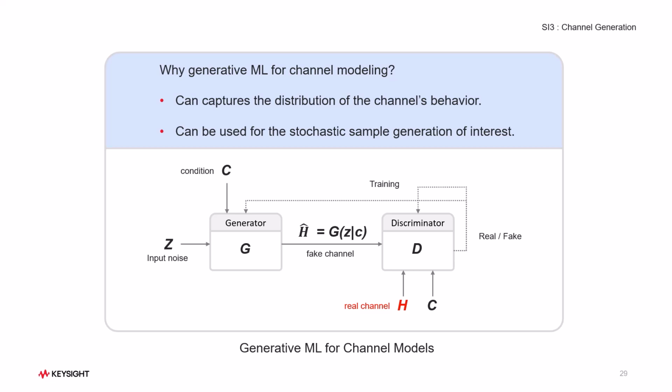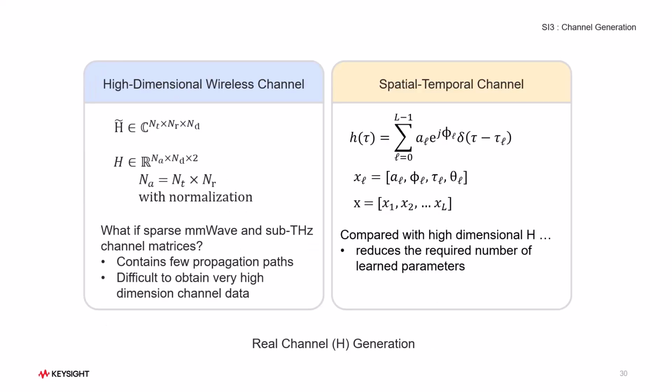Moving to the next page, let me address some important points about the real channel H. In general, preparing real channel data to train a GAN model is not trivial. High-dimensional wireless channels and spatial-temporal channels are two different aspects of wireless communication channels, and they have distinct characteristics. High-dimensional channel refers to a channel with many correlated paths.